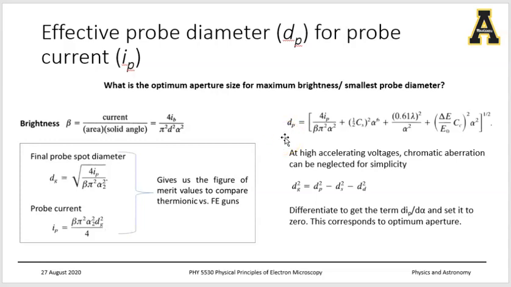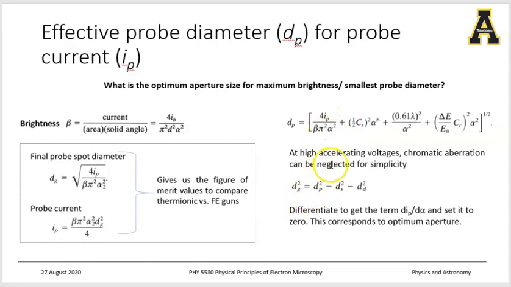So what we are trying to identify here is the optimum aperture size for maximum brightness and the smallest probe diameter. The motivation here is that the smallest probe diameter would enable you to achieve the highest resolution in imaging. So you basically do some math here.